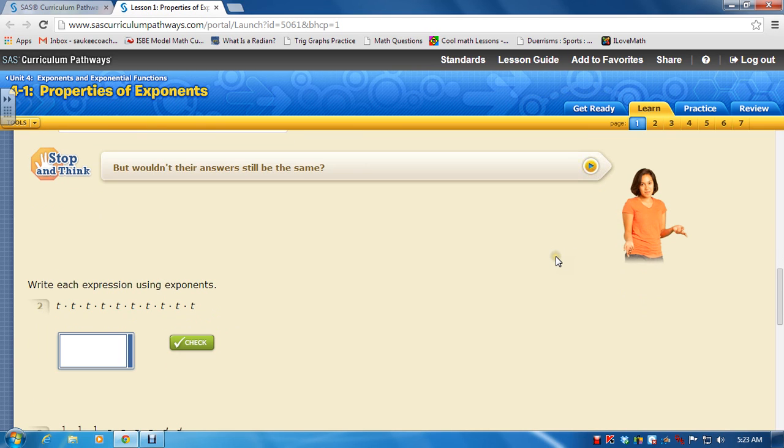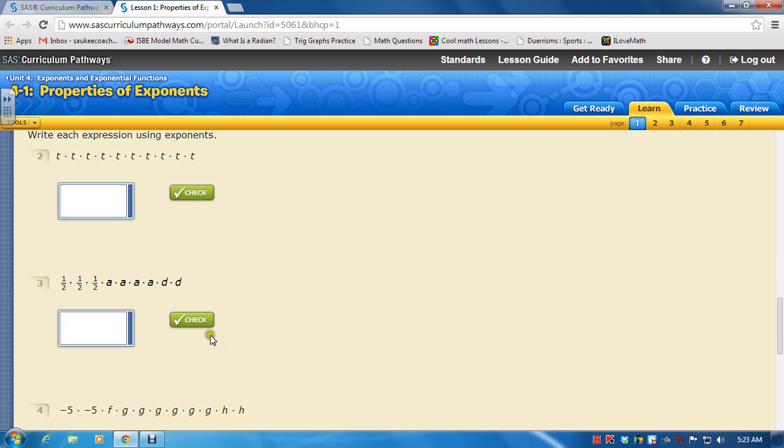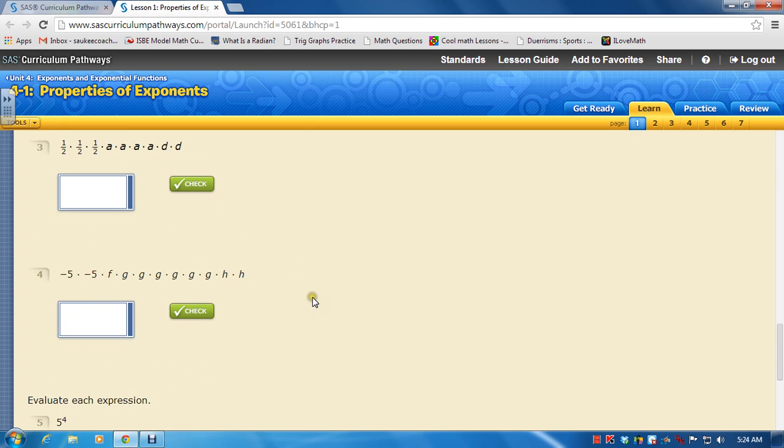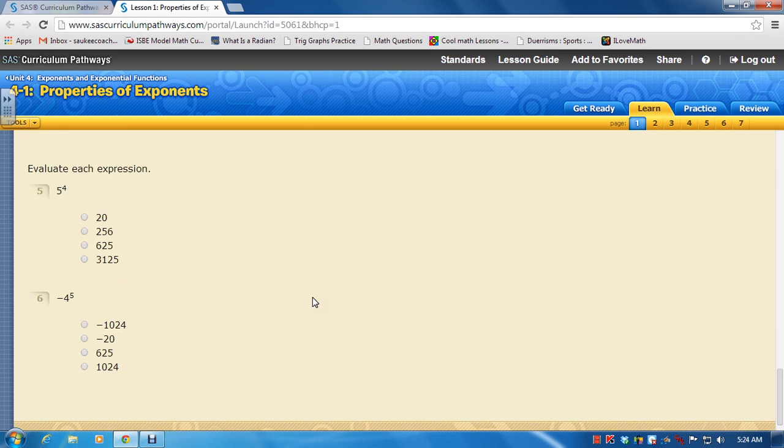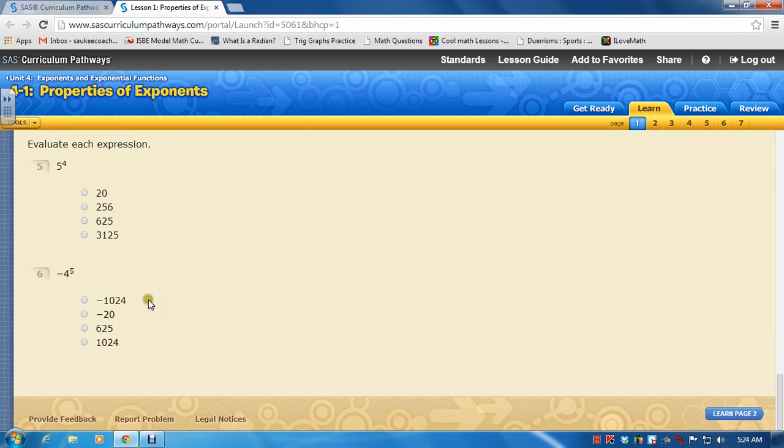Okay. So I'm not going to go through all of these examples. I think we should have a good hold on that. We simply count things up, how many times they are multiplied by itself, and that would be our exponent for that particular base. Okay? One thing we would look at right here, we'll go over this one.